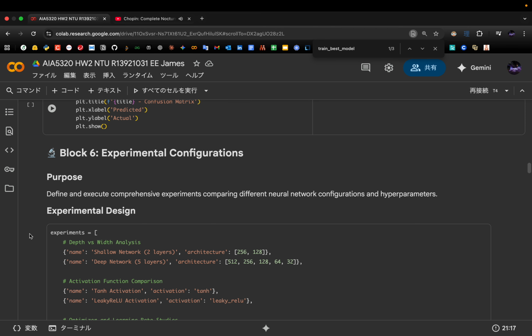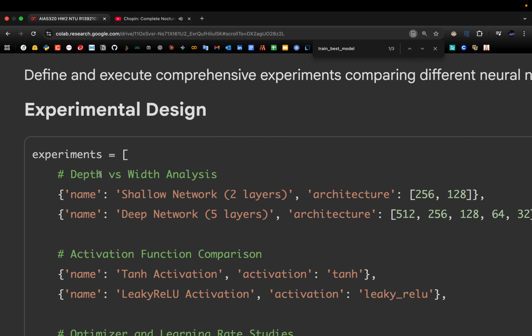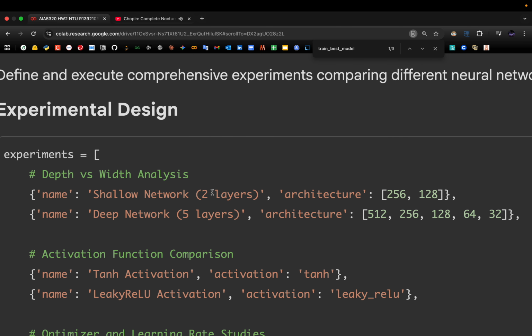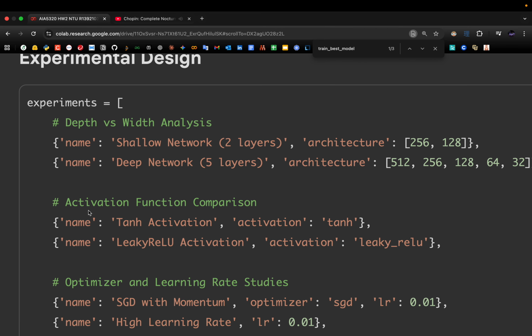Okay. So our experimental configurations contain 8 different configurations, and you can see that the first one is comparing depth versus width. So we use 2 layers, and the second one is 5 layers. The second setting is to compare different activation functions. One used hyperbolic tangent, and the second one used leaky ReLU.